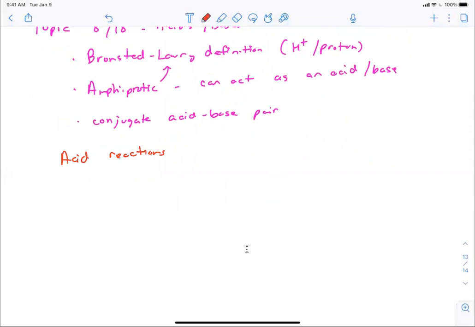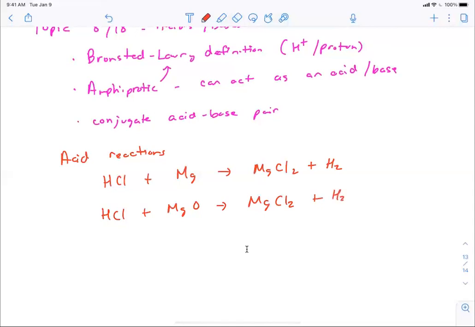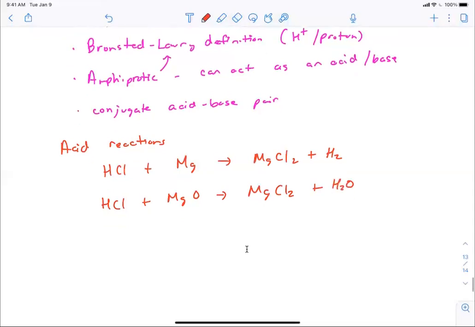The acid reactions, this is something else that you do need to memorize as well, is the fact that acids react with a lot of different substances. They can react with metals to form metal salts and hydrogen gas. They can react with metal oxides to form the salt plus water. I'm not balancing these right now because I don't think that's the main important idea of it.